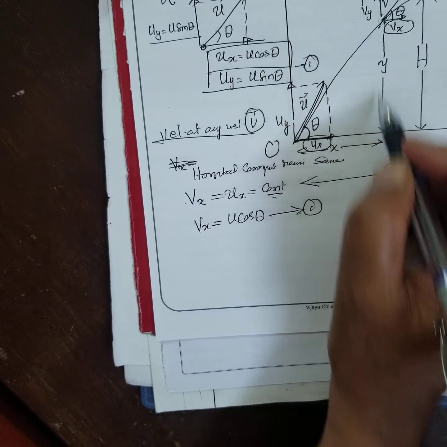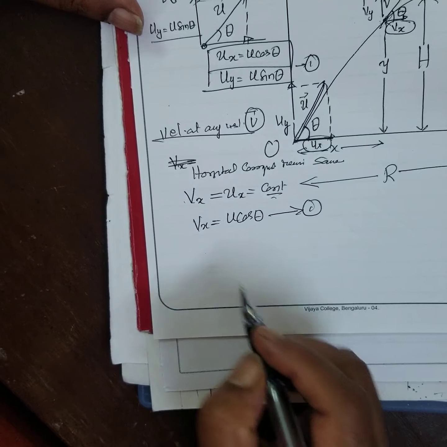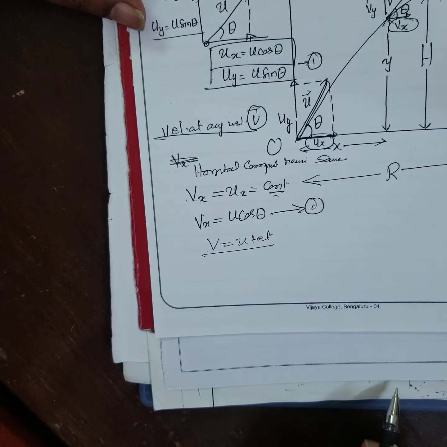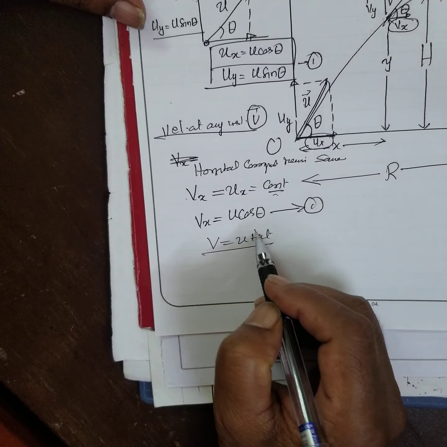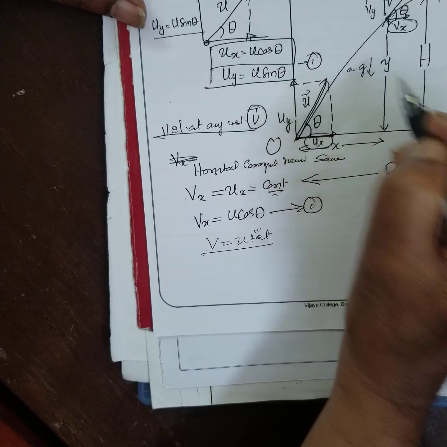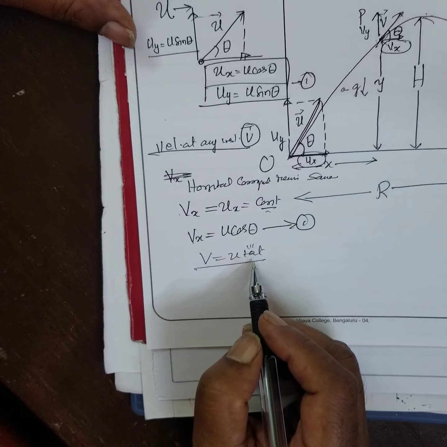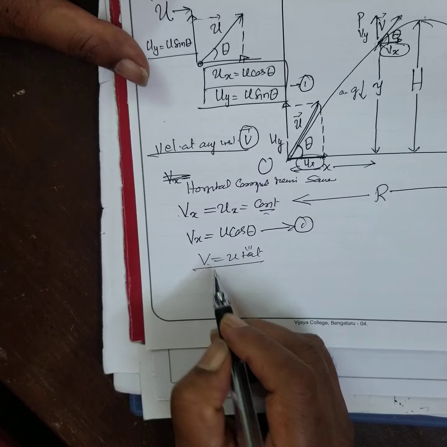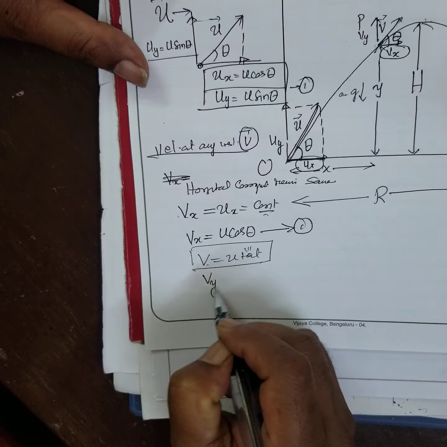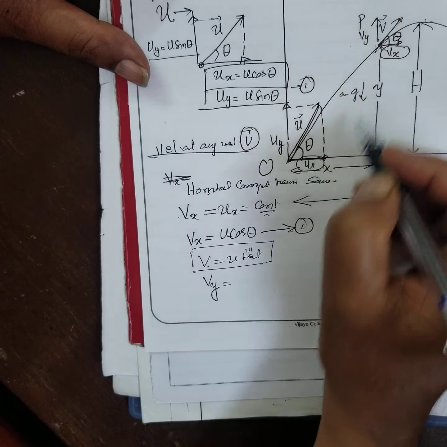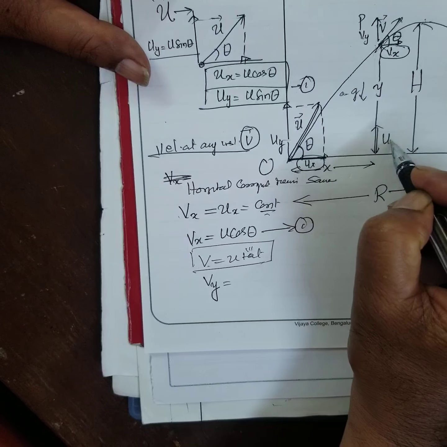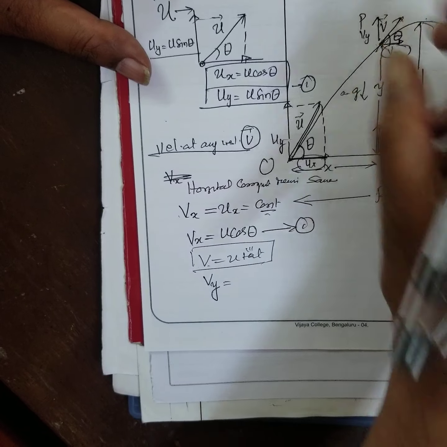Then what about the vertical component, Vy? You know, v is equal to u plus at. I can use that, right? Why do I write a here for vertical? Because acceleration due to gravity acts downwards. Therefore, for vertical velocity I use this. See, I am shifting here. Uy is the initial velocity, and this is the final velocity.